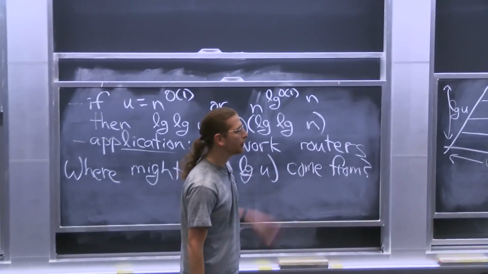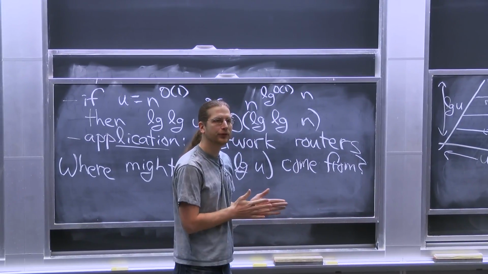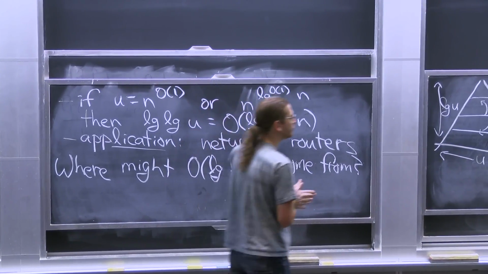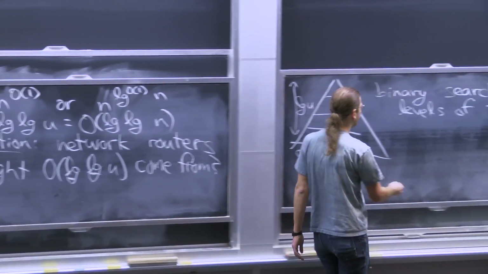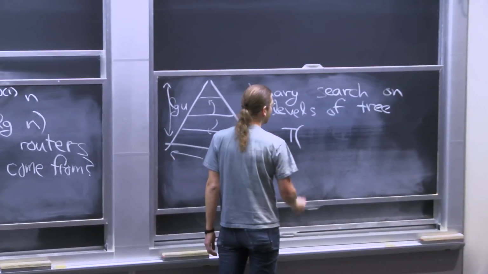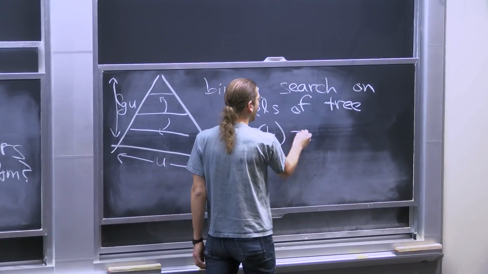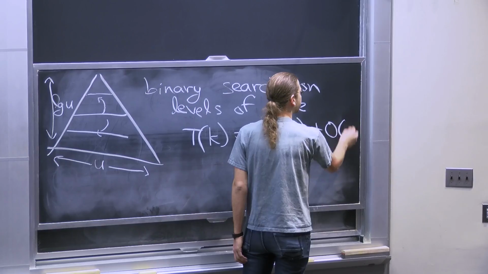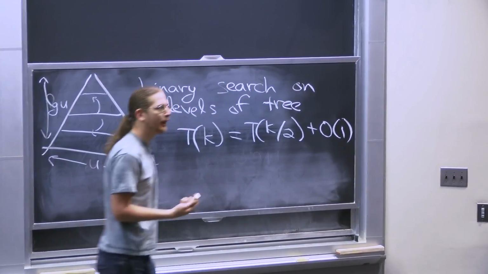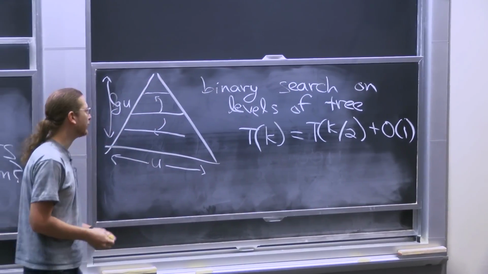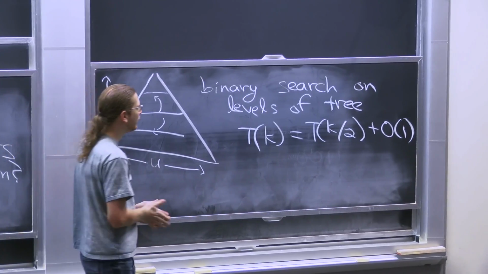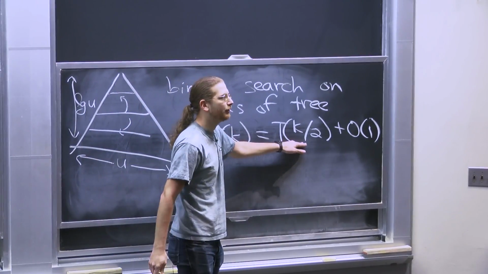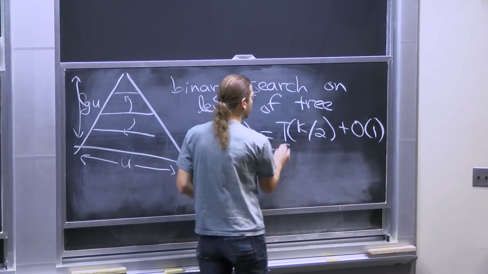Now, let's think about this in terms of recurrences. There's a recurrence for binary search: if you have k things, T(k) = T(k/2) + O(1). You spend constant time to decide whether you should go left or right in the binary search, or in this case, up and down somehow. And then you reduce to a problem of half the size. So this solves to log k.